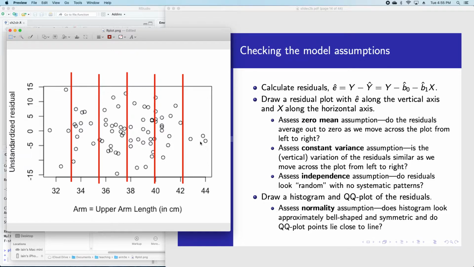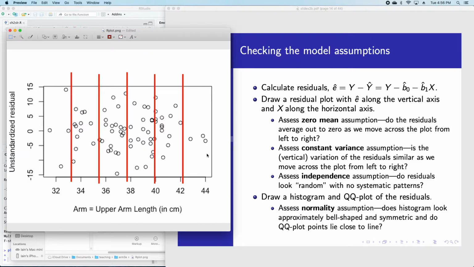This last strip's a little bit interesting because I've just got 3 residuals here. They all look to be a little bit negative, so the average is going to be down here somewhere. The average for that last strip is maybe not that close to 0. It's not that far away either. But also, there's very little data up in this far right strip.